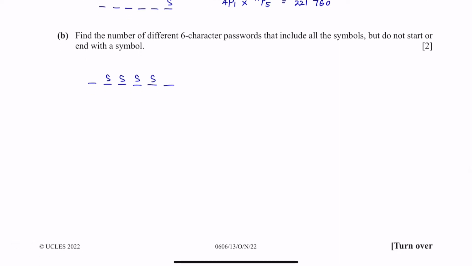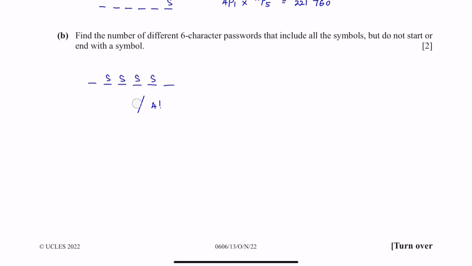Like what I said just now, when there is a restriction, we start from the restriction first. So we choose 4 symbols from the 4 symbols. You can either write 4P4 or 4 factorial. I personally would write 4 factorial. It's easier, I guess.